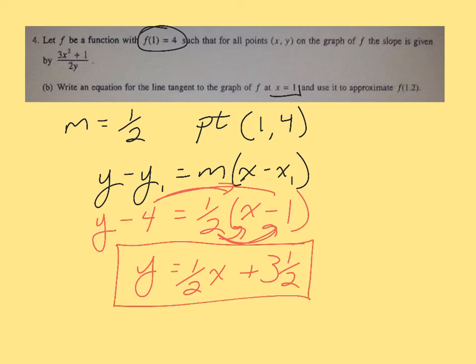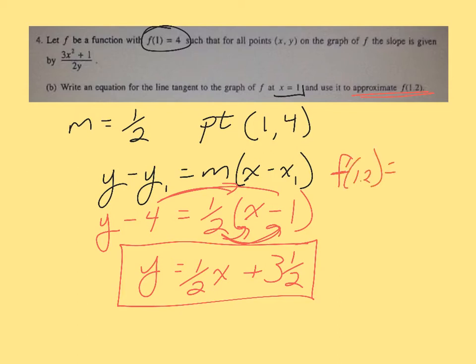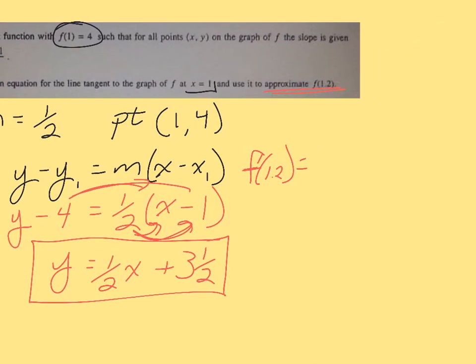Now I'm going to use that, though, to approximate f of 1.2. So we need to find the approximate value at 1.2. Okay, so let's keep going here. f of 1.2 is actually going to equal 1/2 times 1.2 plus 3/2.